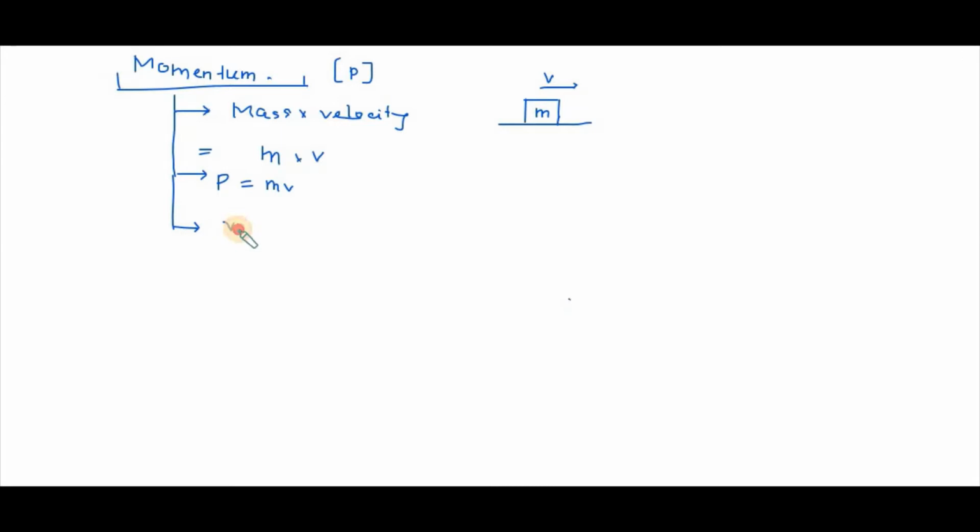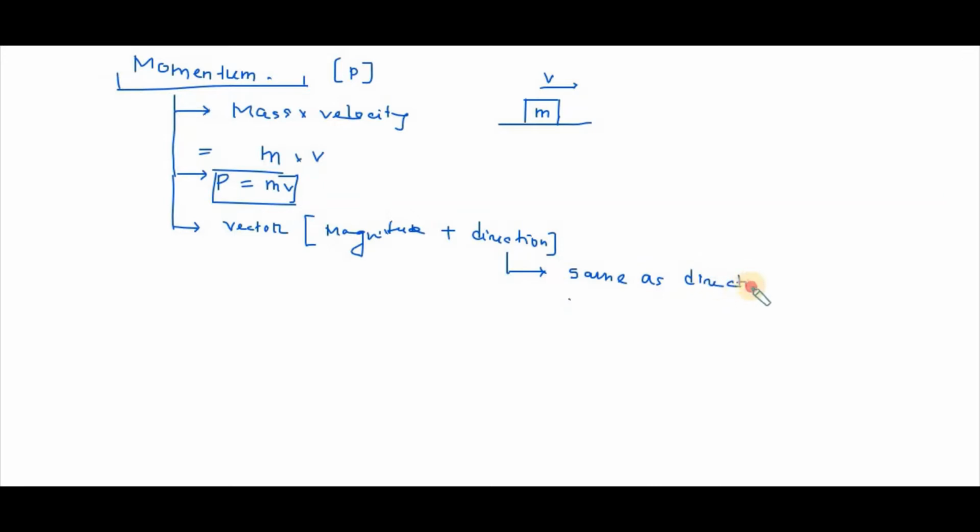Momentum is a vector quantity, which means it has magnitude as well as direction. The magnitude of the momentum is mass times velocity, m times v, and the direction of the momentum is the same as the direction of velocity.